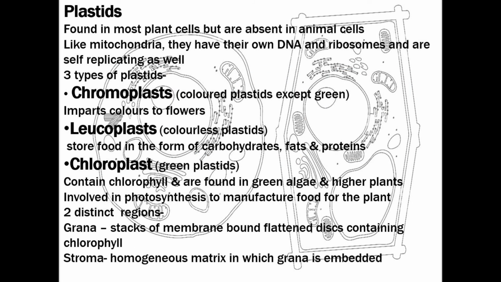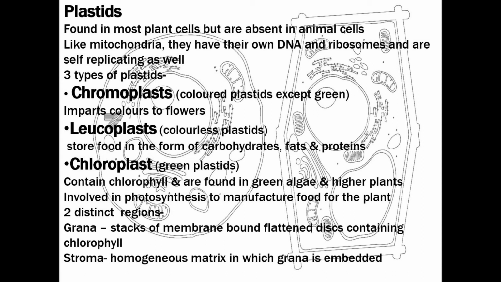Okay. Now let us move on to the plant cell specific organelle, that is plastid. Plastid, you can say, determines the color of flowers and leaves and everything. It is found in most plant cells but is absent in animal cells.